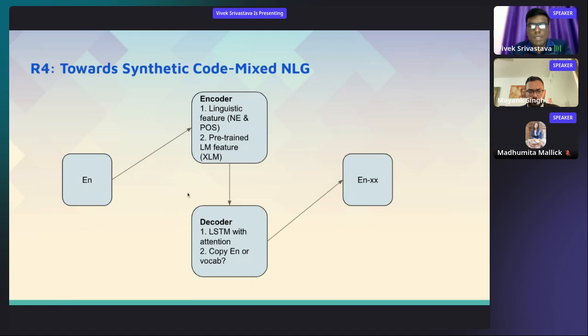To do the initialization of this network, they very intelligently did a parameter initialization. Let's say instead of an English and English setup, you have an English and Hindi setup, where you already have the English Hindi parallel data set. You train this network, get the parameters from that network, and do the initialization here.